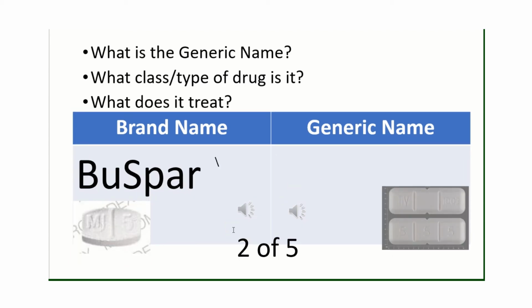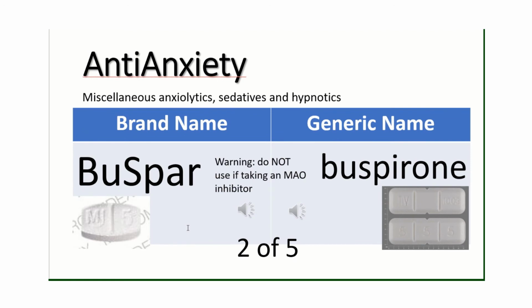What is the generic name for Buspar? What type of drug is Buspar? What does Buspar treat? The generic name for Buspar is buspirone.